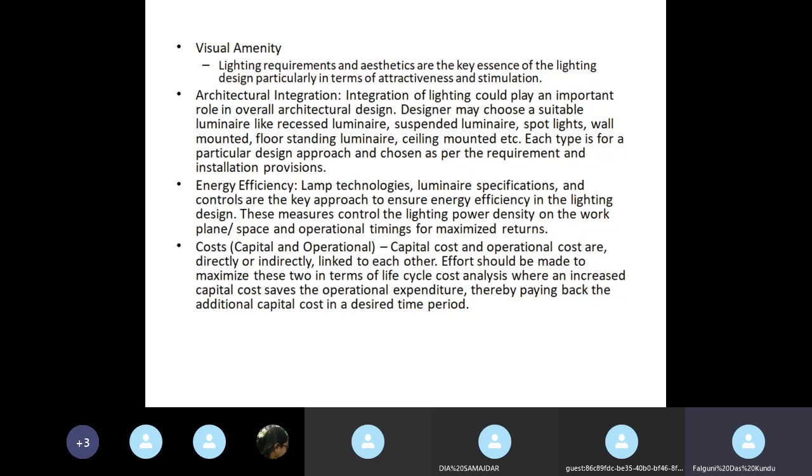One is the capital cost, that means the cost for buying the items, and the other is the operational cost. So capital cost and operational cost are directly or indirectly linked to each other. Effort should be made to optimize these two in terms of life cycle cost. Analyze where an increased capital cost saves the operational expenditure, thereby paying back the additional capital cost in a desired time period.